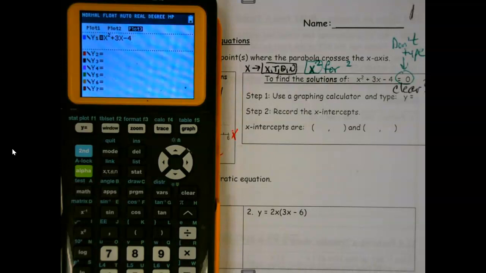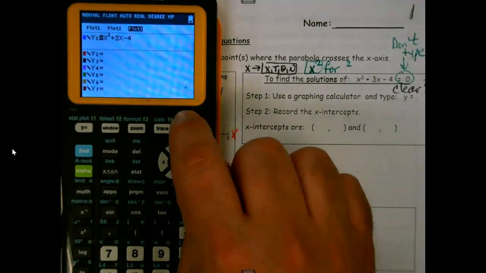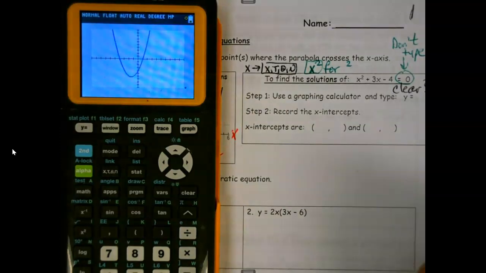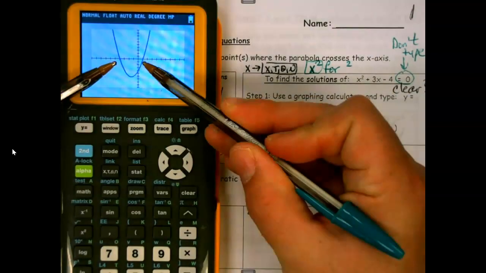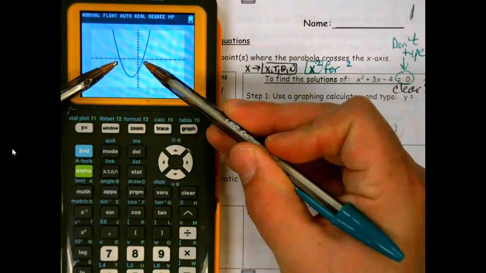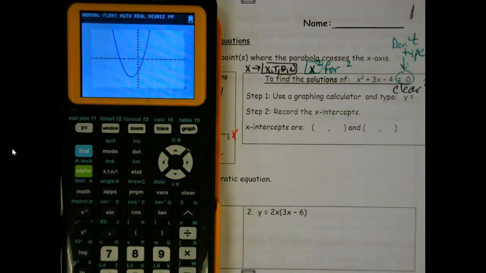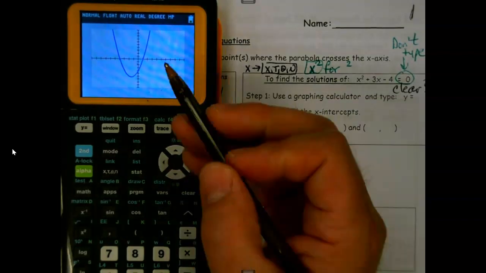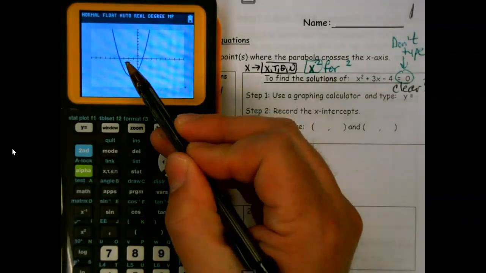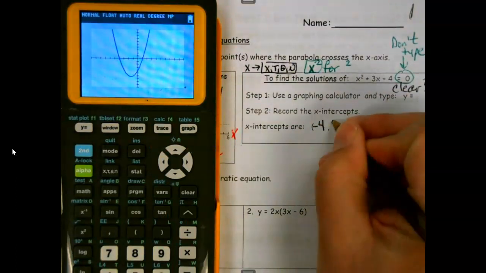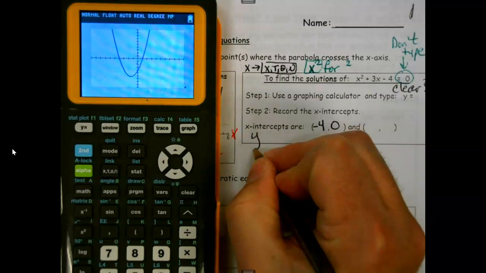And so once I get that stuff into my y equals, okay, I can take a look at the picture. I can hit graph here. And I notice my parabola is going through the x-axis in those two spots. Now, if I can visually see that, and maybe I can at this point, -4, 0.